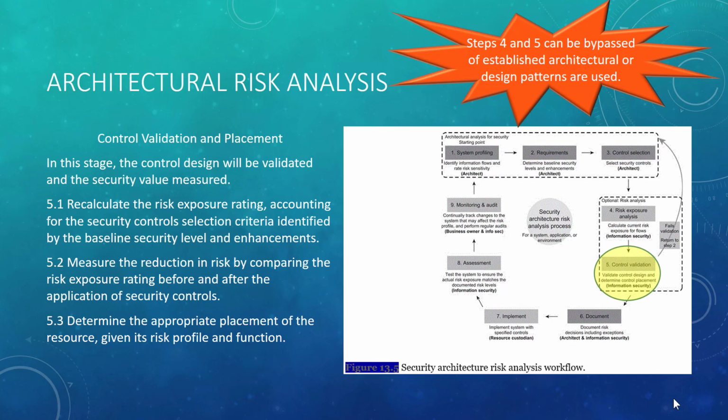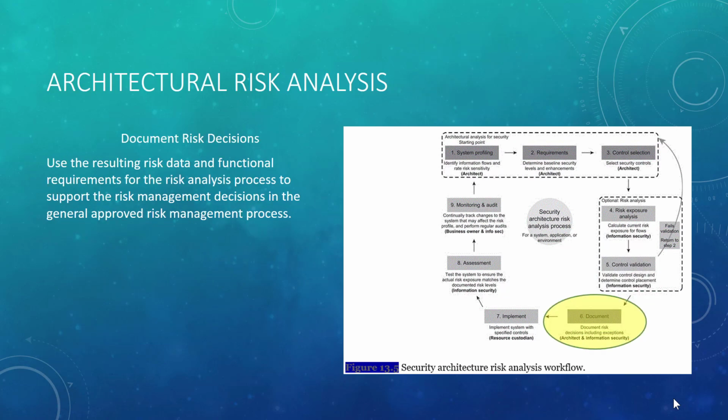You want to measure the reduction in risk by comparing risk exposure before and after the application of security controls. Hey, we covered that earlier in one of the videos. And then determine the appropriate placement of the resource given its risk profile. And again, we're looking at those information flows and how we're building the architecture. Where do we put this to have the greatest effect?